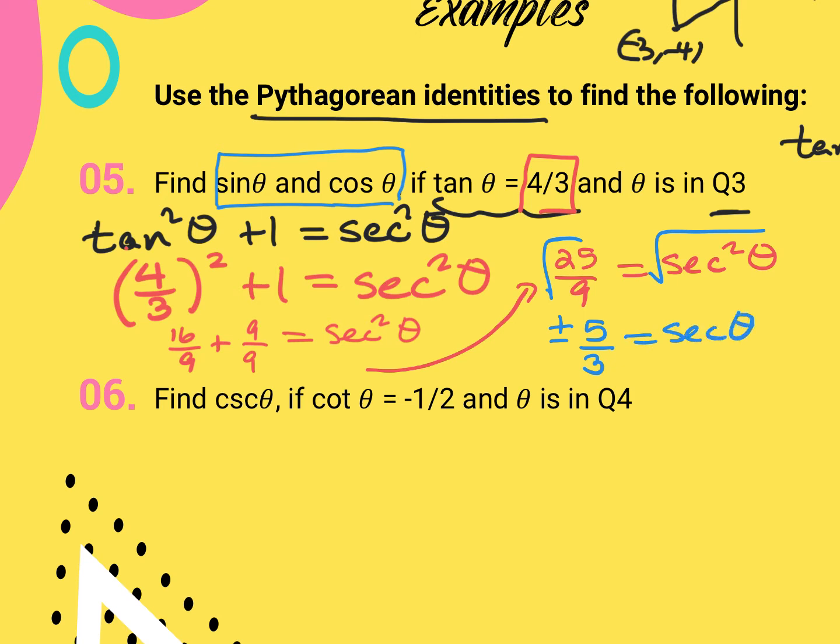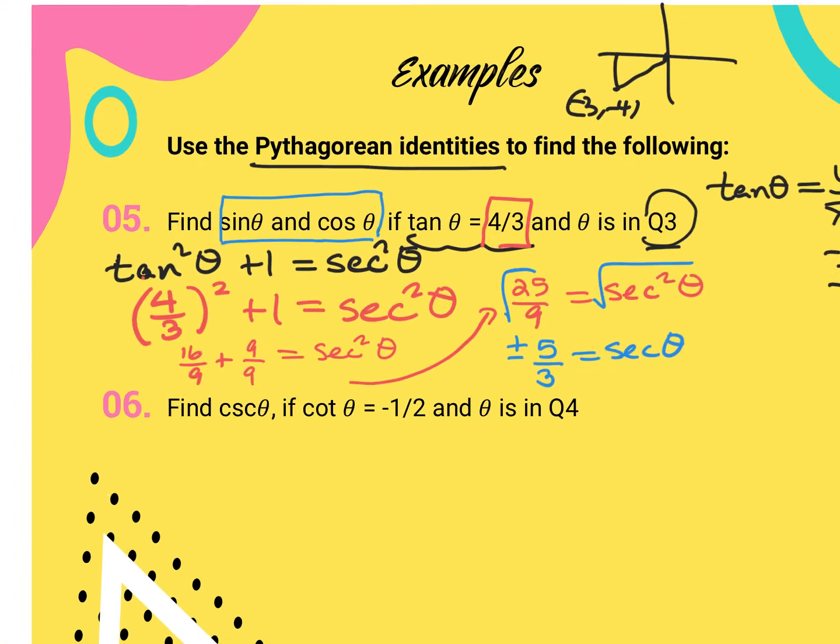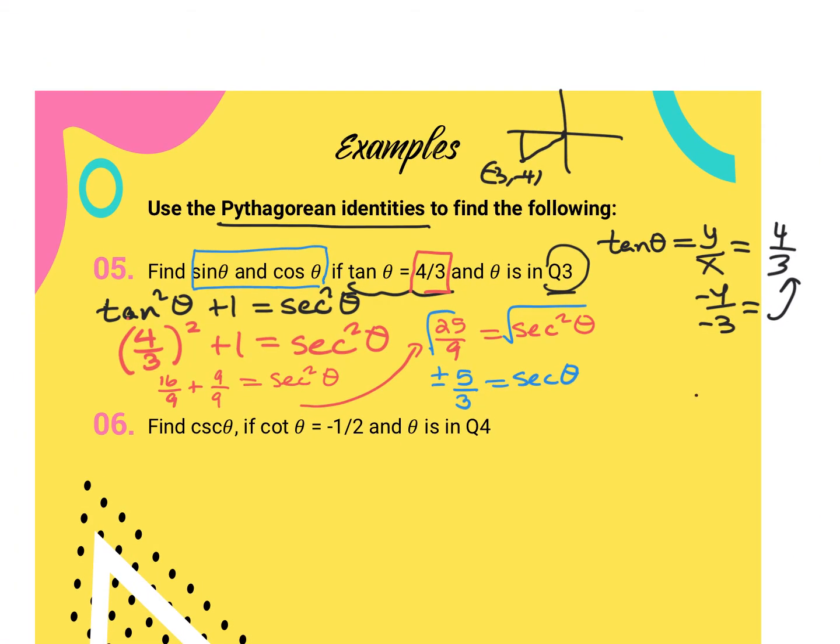Now, what's important here is that they told us which quadrant we want to find these answers for. So this is where my All Students Take Calculus comes into play, because in quadrant 3, the only ones that are positive, the capital T, stands for tangent and its reciprocal.